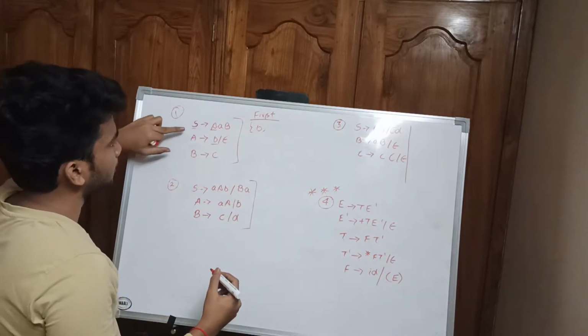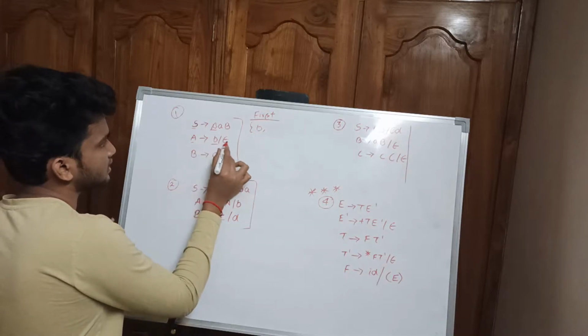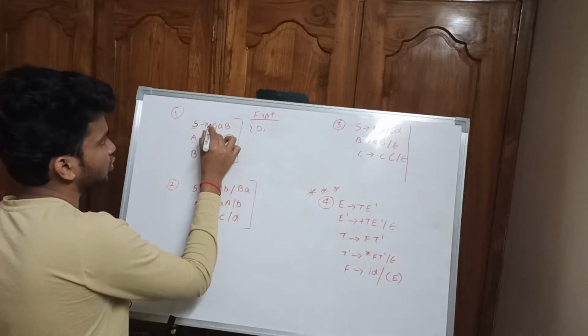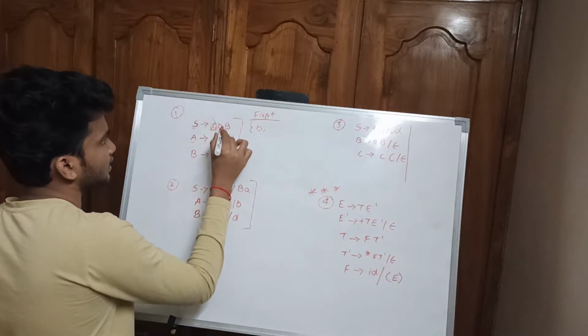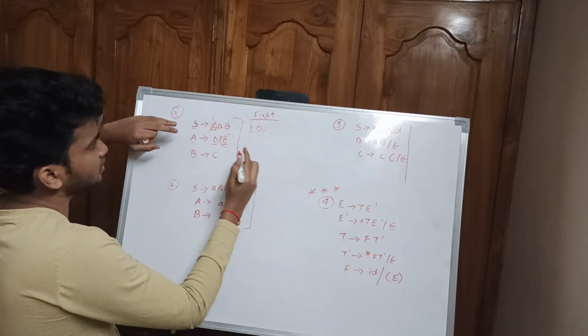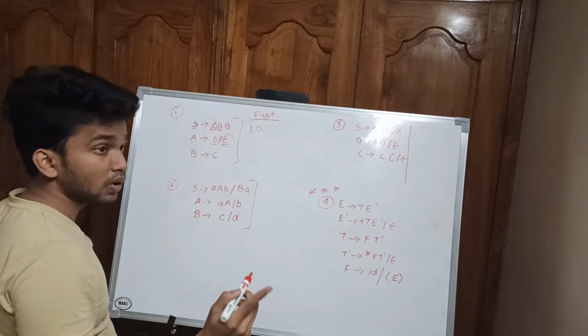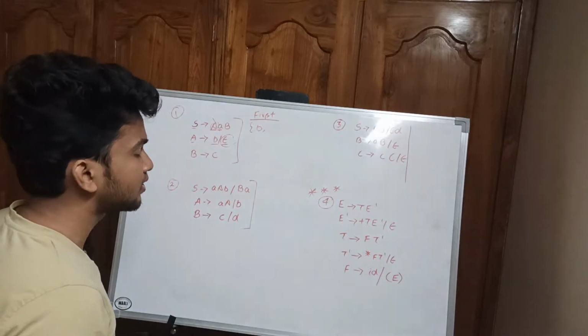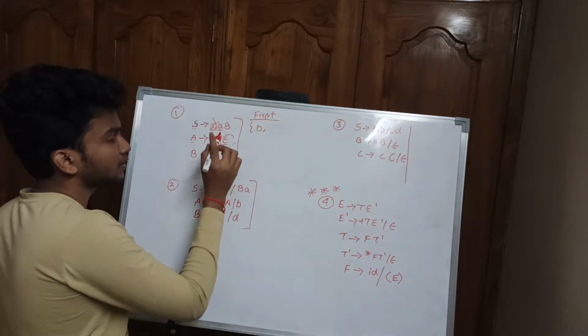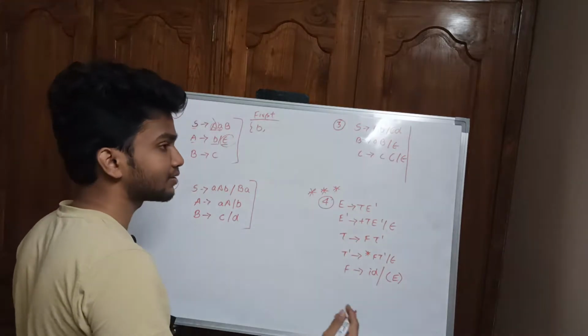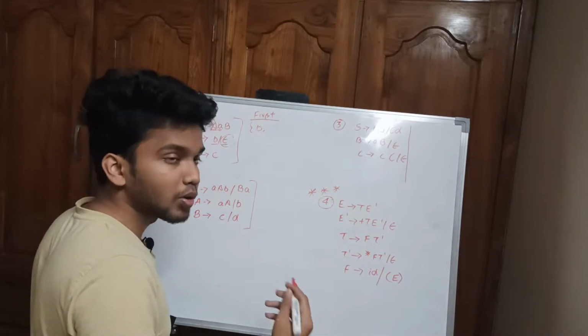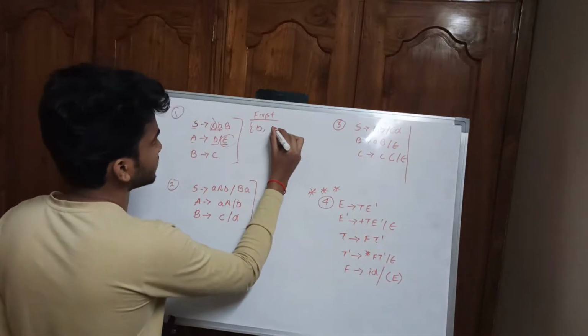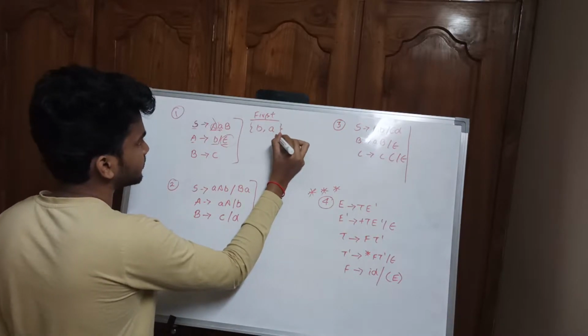But suppose if A generates epsilon, there is no meaning for A and A gets vanished, and the next thing we are getting is small a. So I have said in the previous video that First of any terminal symbol is itself, that is, any small symbol is itself. So we are getting b comma a, that's all.